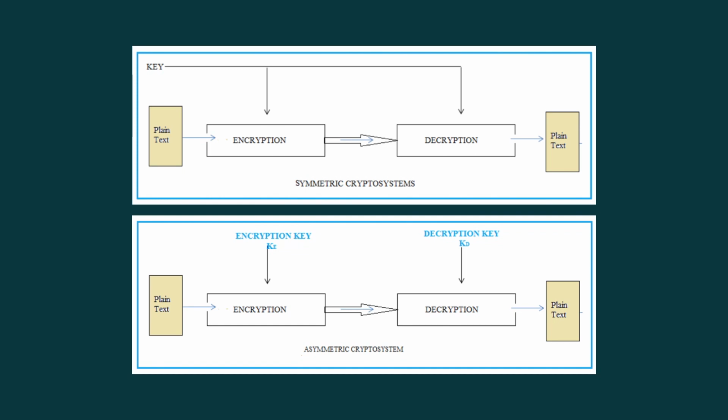In the symmetric crypto system, the same key is used for both encryption and decryption. But in the case of asymmetric crypto system, the keys are different.